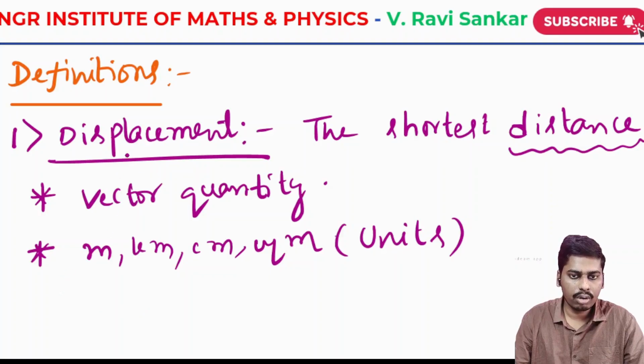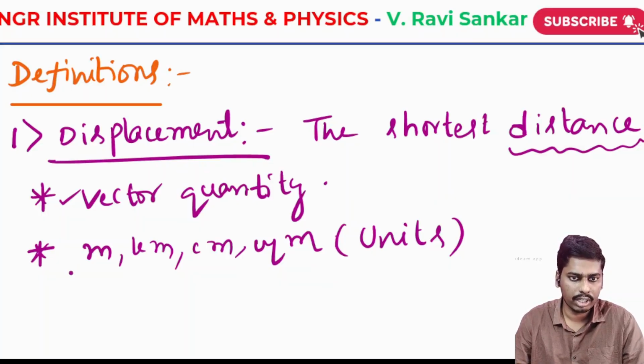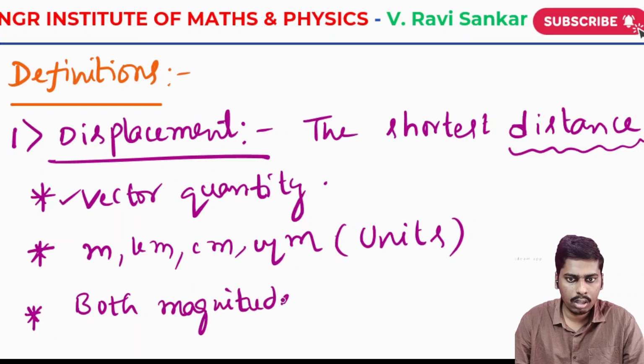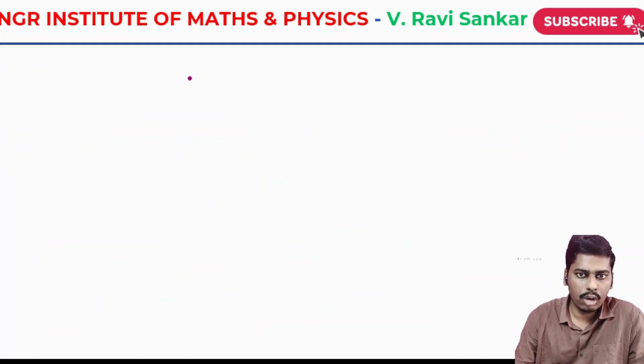And if I say it is a vector quantity, then it has both magnitude and direction.